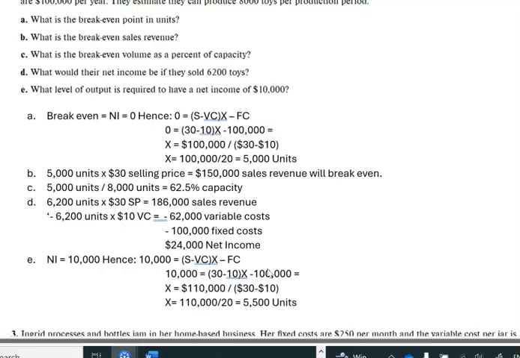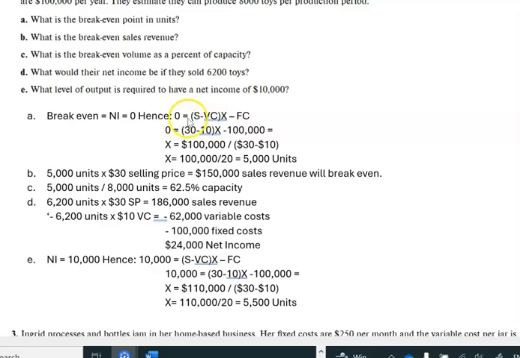Okay, so E, what level of output is required to have a net income of 10,000? So it's the same equation, except the only thing is it's not going to be equal to 0. So if you look here in A, to break even, net income was 0.